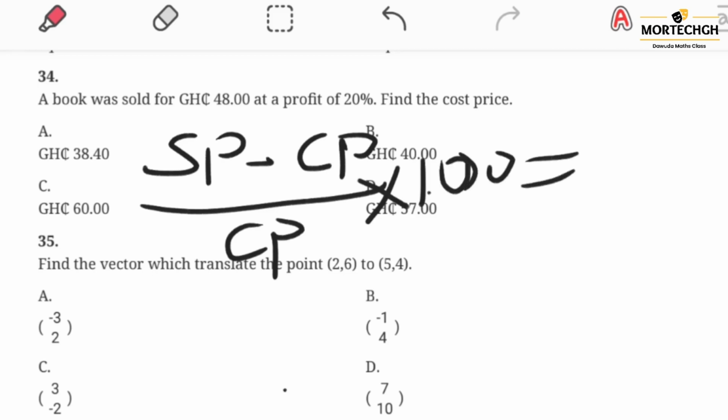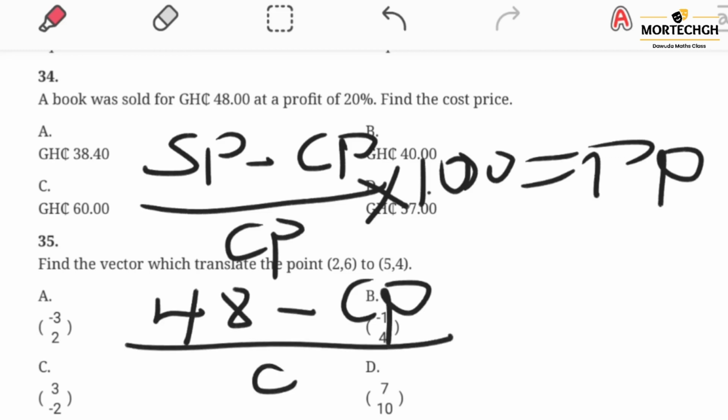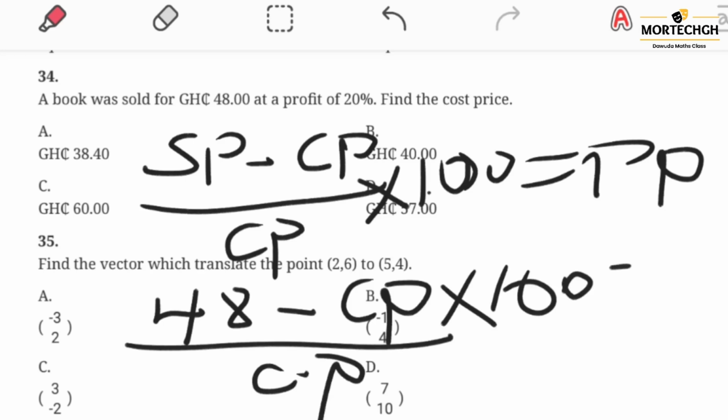Now we have been given the selling price, which is 48 Ghana cedis, and we are asked to find the cost price, and the profit percentage is 20%.